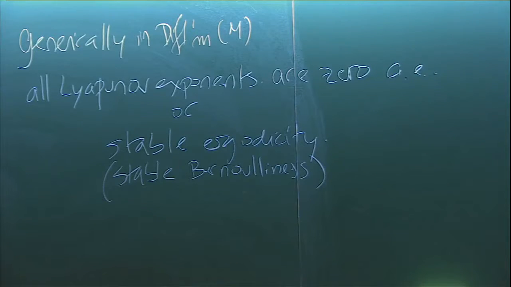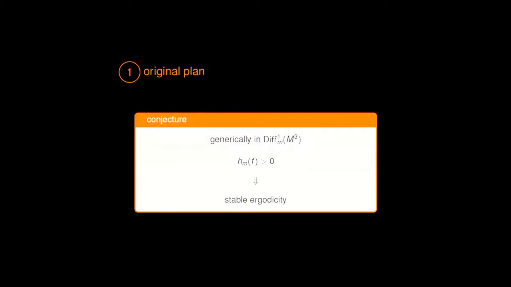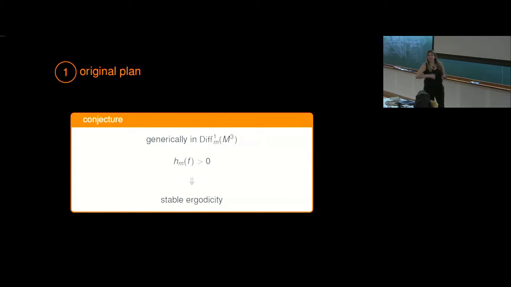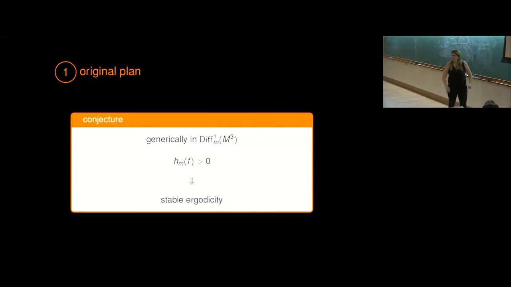And I posed this conjecture as a problem to my student, Gabriel, in 2012. I killed him with this problem. He still likes me. Amazing. And currently, it's a work in progress with Sylvain Crovisier and Gabriel and I. We're working on this. And we're confident that this should be true.